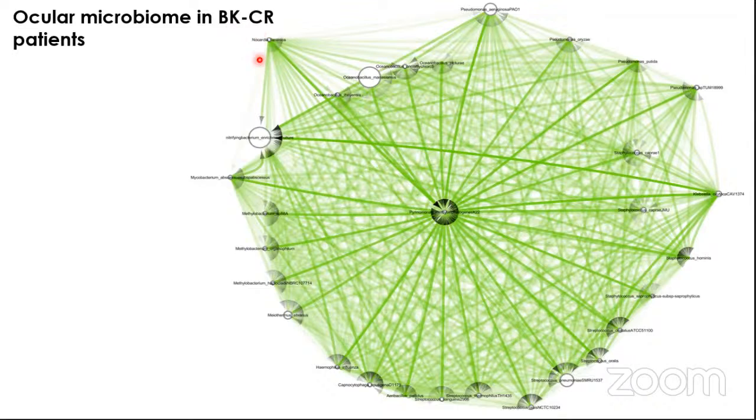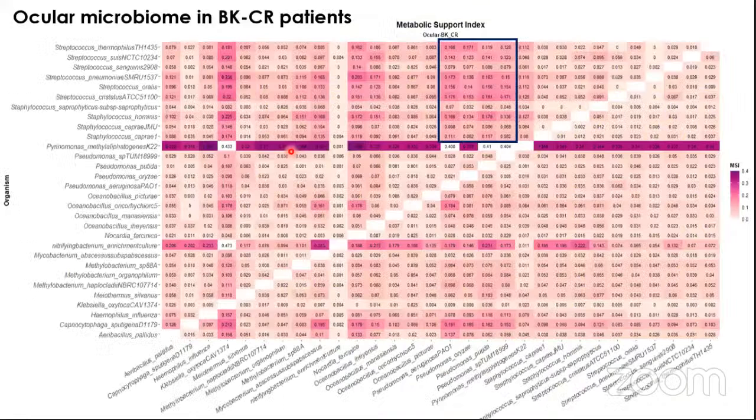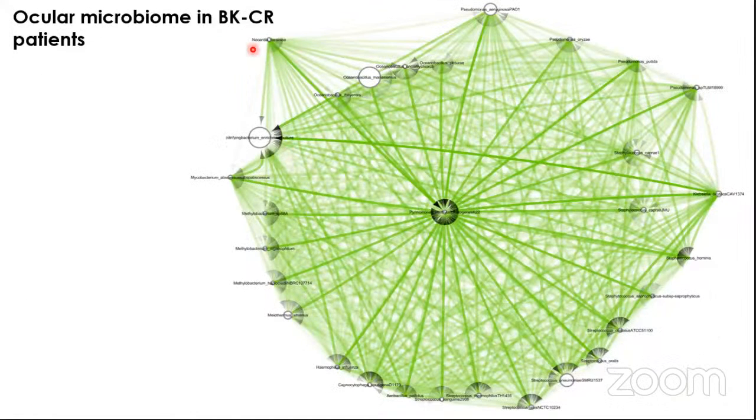There are two ways of collecting samples from an infected eye. One is corneal scrapings, which is BKCR, and the other is corneal swabs, which will be represented as BKSW.